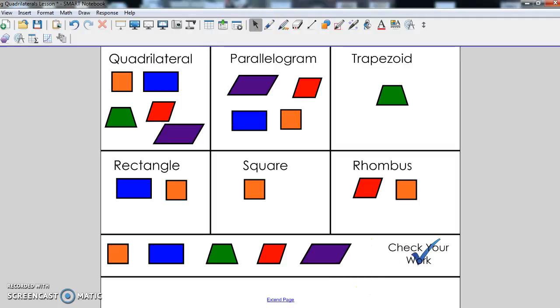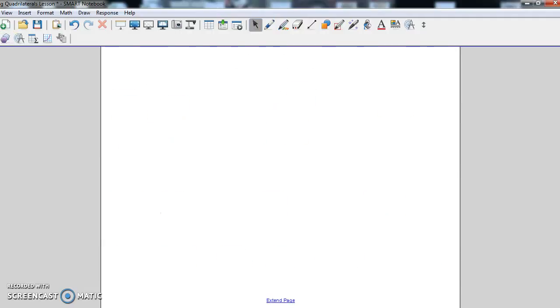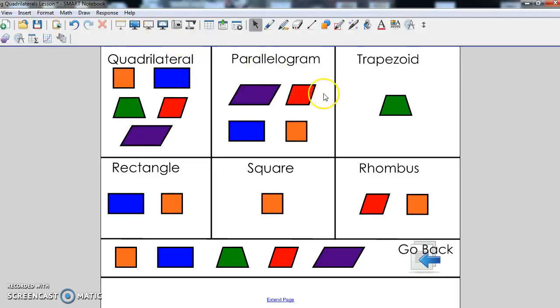All right. So those look like all that belong in there. See if that matches what you thought. We'll check our work here and see if that was correct. Yes. So those are the correct things there. So those are the different types of quadrilaterals that you can have. If you have any questions, please bring them to class.